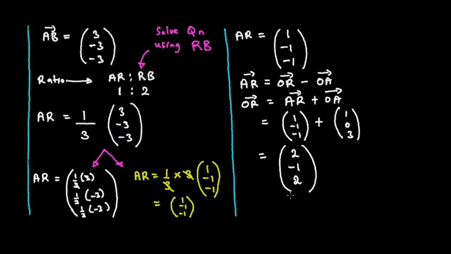Saka this is the value of OR. So ndo ma stages atinoita. Tatanga tatsvaga AB, tikashandisa AB kutsvaga AR, ndo kuzoshandisa AR kutsvaga OR. Tatowana our answer.